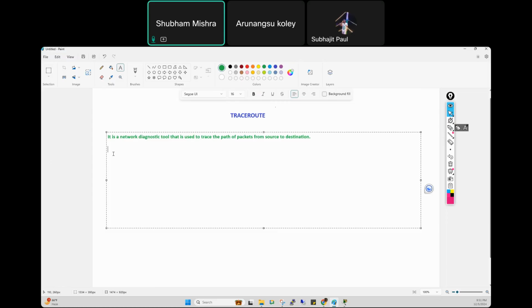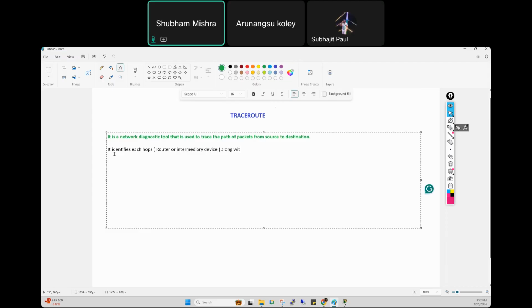Are you getting my point? So basically, if you are writing the traceroute command, what are you actually getting? It identifies each hop, either a router or some other intermediary device, the devices in the middle.